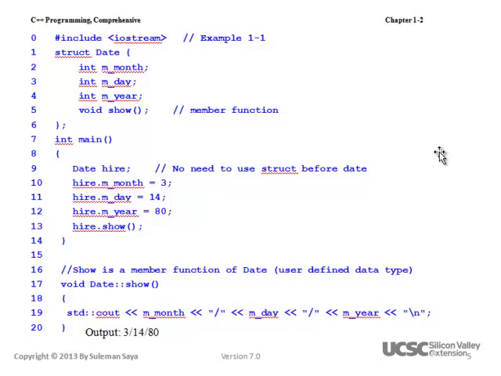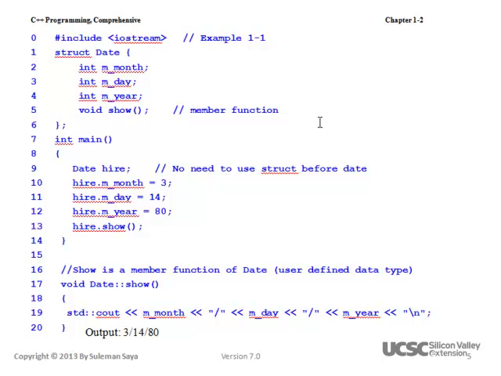So let's look at what happens once we create an object or instance of type date at line number 9: we actually are allocating memory. Where is the memory allocated? The memory is allocated on the stack. How much memory is going to be allocated?